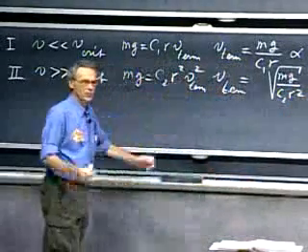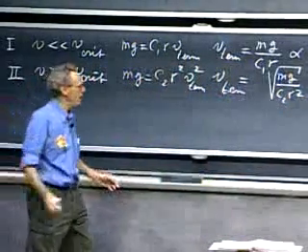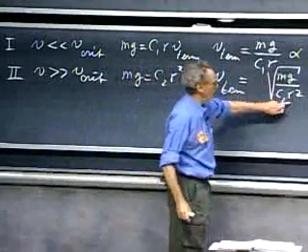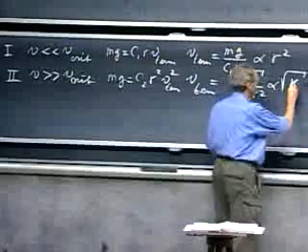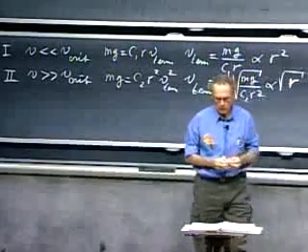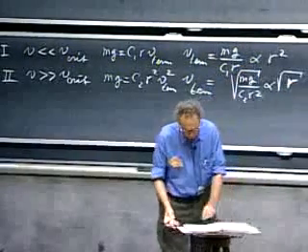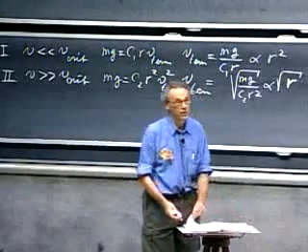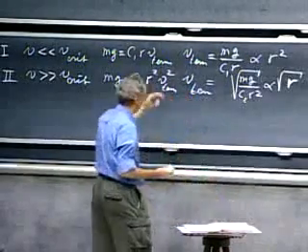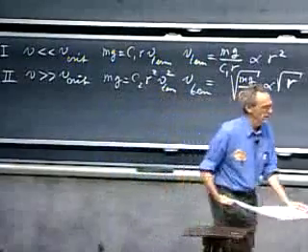And if you take objects with the same density and you compare their radii, m is proportional to r cubed, so this is now proportional to the square root of r. So this separates these two regimes, and we will see examples of that sometimes you really work exclusively in one, or sometimes you work in the other.